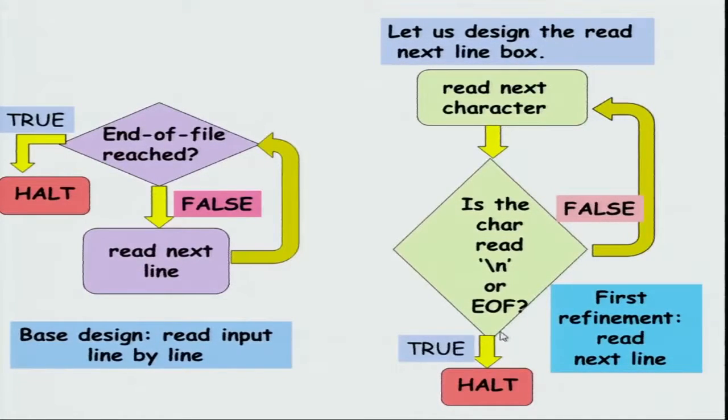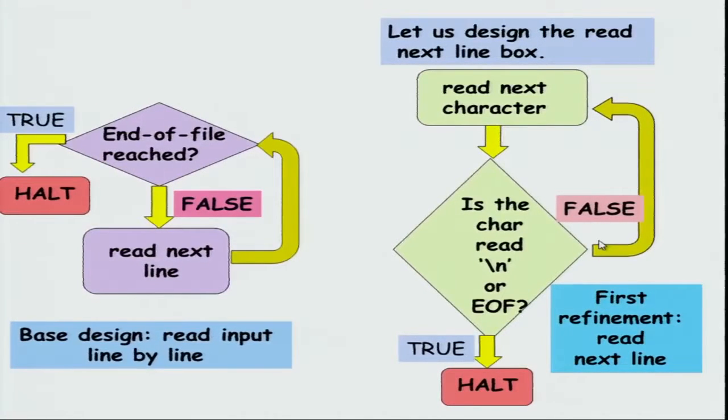If either of these is true, then the line has ended. So, you halt. Otherwise, if the character is neither new line nor end of file, then you read the next character. Okay. So, here is the design for the function to read the next line.